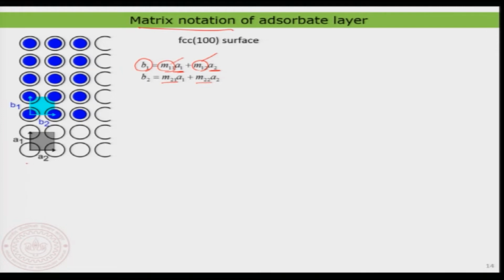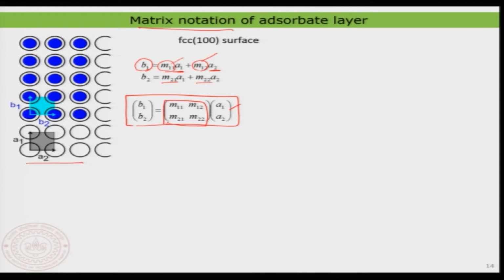So, let us try to do that for this particular example. You remember this was a 1 by 1 supercell of an FCC 100 surface. I can represent my B1 and B2, the Adlayer unit lattice vectors, in terms of the surface unit lattice vectors A1 and A2 using a metric.